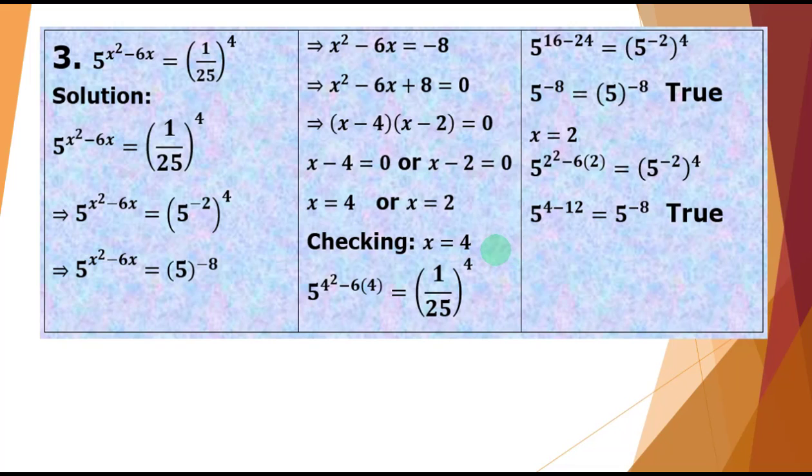Checking for x equals 4, we go back to the original expression by substituting. Instead of writing x, we write 4. So we have 5 raised to 4 squared minus 6 times 4 equals 1 over 25 raised to 4. 5 raised to 16 minus 24 is equal to 5 raised to negative 2 raised to 4.